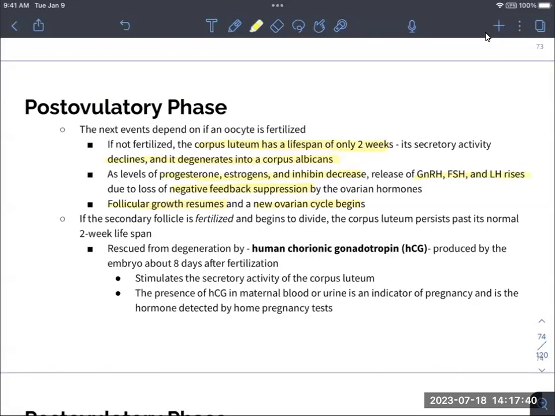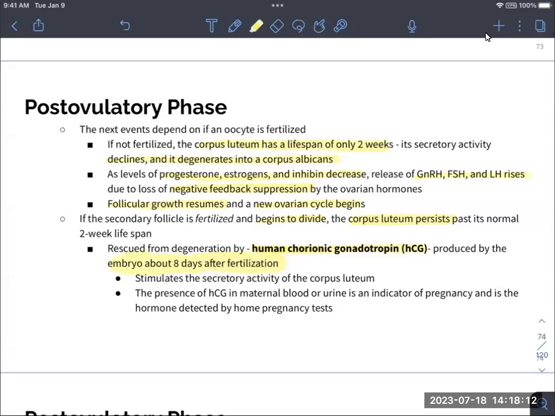If that secondary follicle is fertilized, it's going to begin to divide. That corpus luteum is going to persist. It's going to stay longer than those 2 weeks. That's where human chorionic gonadotropin, HCG, starts to get produced by that embryo 8 days after fertilization.